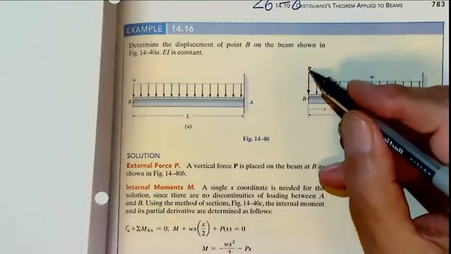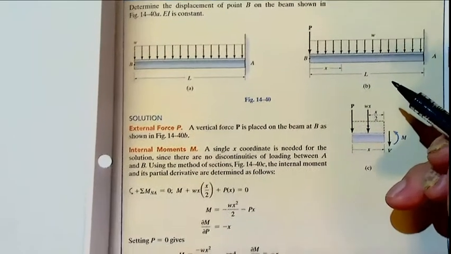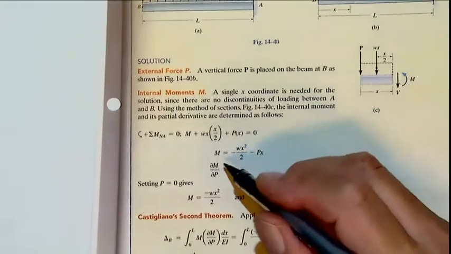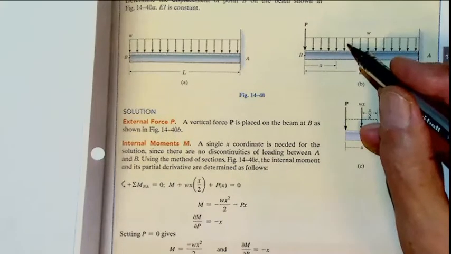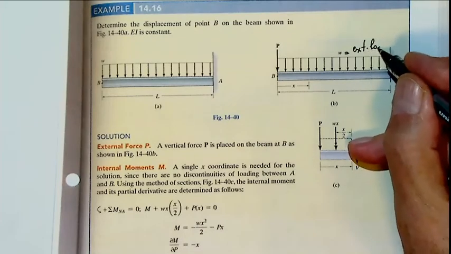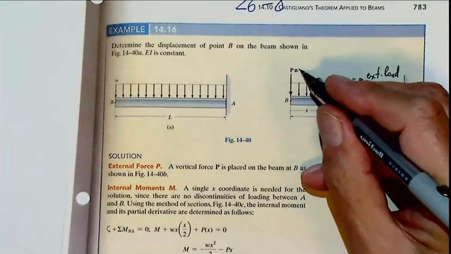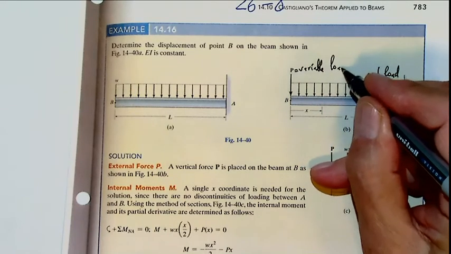So I'm adding this force, P. Then the bending moment will be minus, that is W, an external load, and P is a variable load.